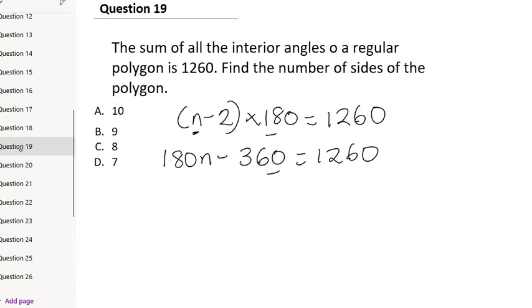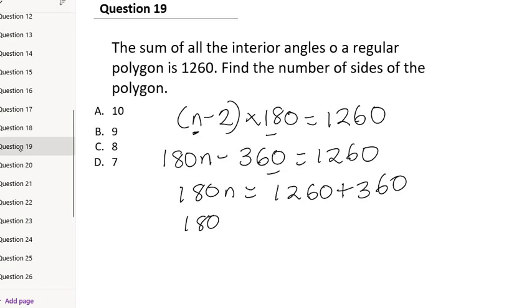Collect like terms. Move minus 360 to the right. So we have 180n equals 1260. The minus will change to plus 360. 180n, which represents the number of sides of the polygon, equals 1260 plus 360, which will give me 1620.